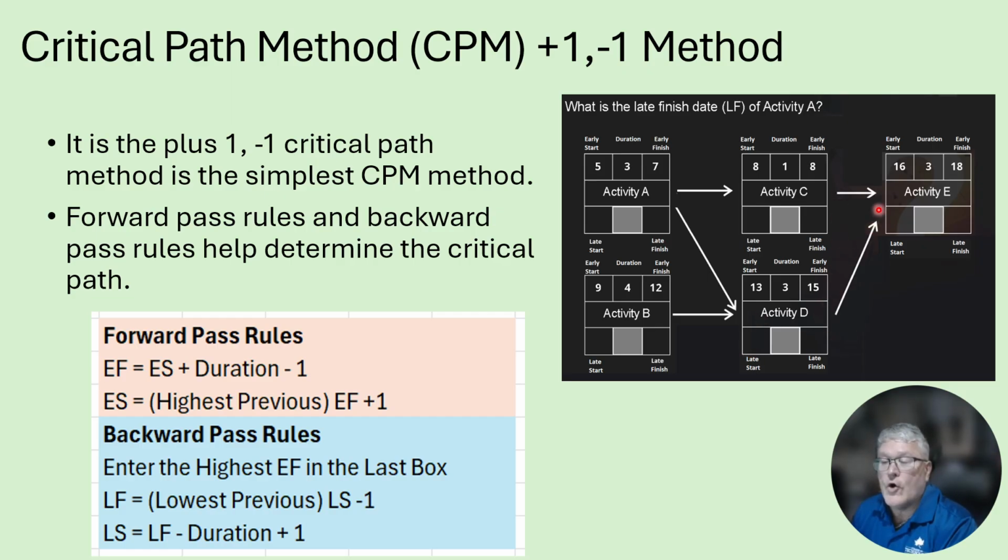To get our early start time for activity E, we see that activity C's early finish time is 8 and activity D's early finish time is 15. 15 is the highest, so we use 15 plus 1 and make that 16 for the early start time for activity E. Then we go back to the forward pass rule. We have 16 plus the duration of 3, then minus 1, and that gives us the value of 18.